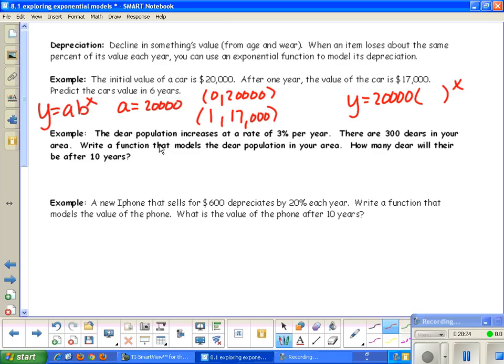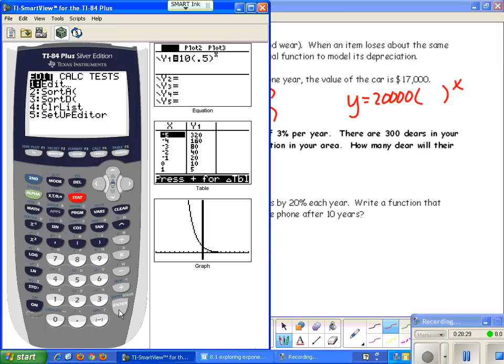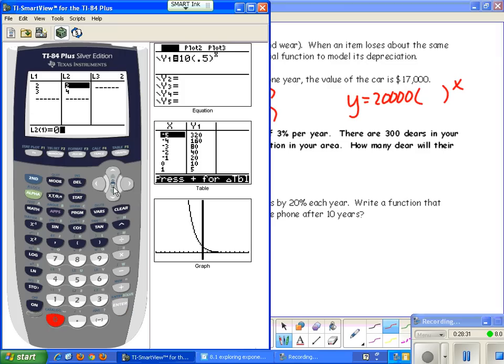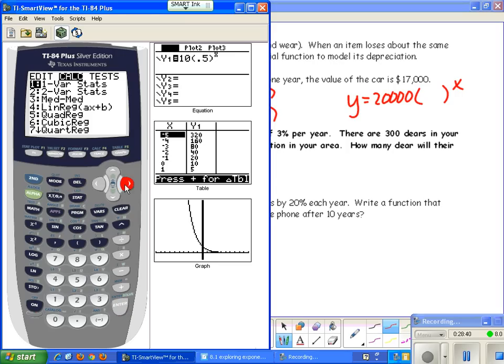The easiest way that I would do this is you can just plug it into your calculator like we did for the other one and just do your stat plot. So if I go to stat, enter, and over here, I would put it in my stat plot, and then you can do stat, calculate, exponential regression.